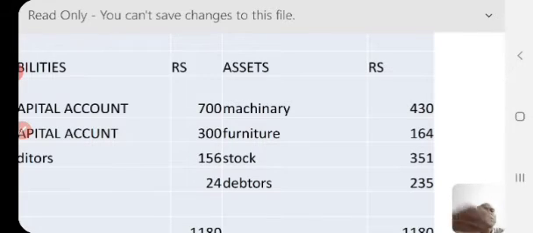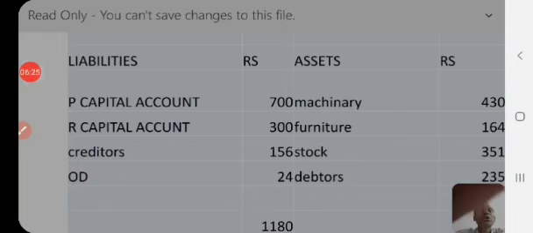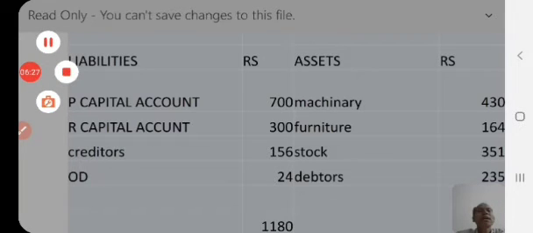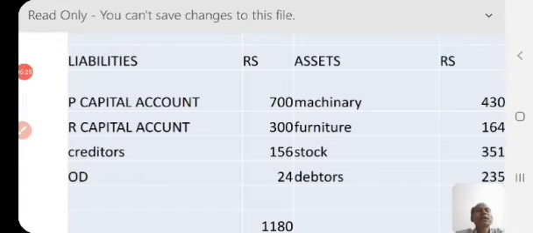No change. The only change is in the capital accounts. Capital account balances are changed because 1,000 should be maintained as capital, and they must bring it in the new ratio, that is 7:3.